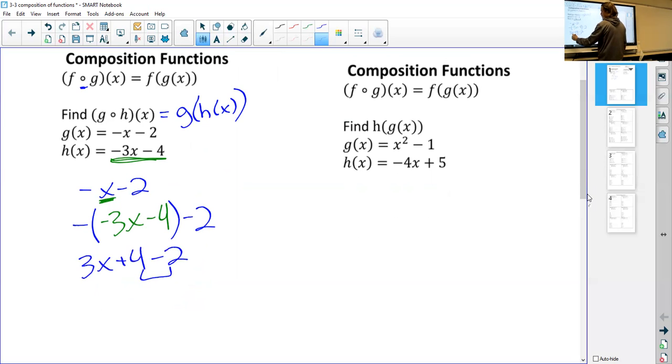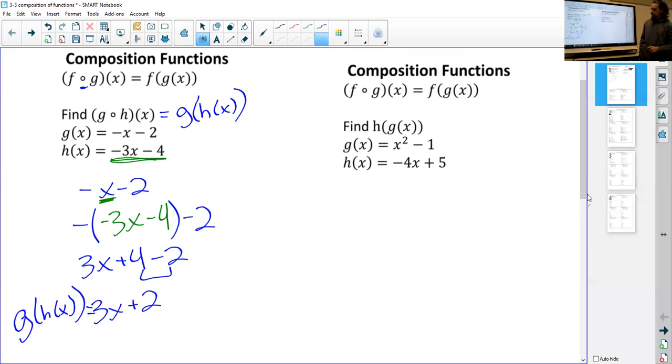Then I combine my like terms, and I get 3x plus 2. And that is my answer for g of h of x. That's not too bad. Once you get past the weird way it's set up, the math part is nothing you haven't done before.